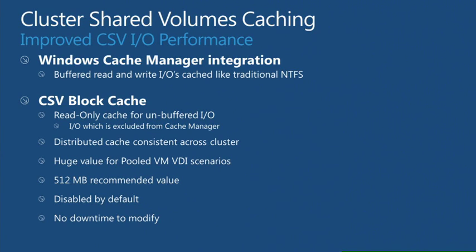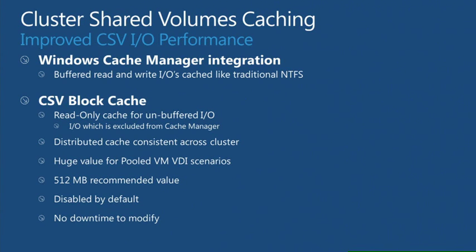We have built in a cache for unbuffered I/O by reserving system memory, your RAM, up to 20%. Actually, not we reserving it, you guys have the option to reserve it. And in our tests, we've determined that roughly 512 MB is the sweet spot for cache performance.